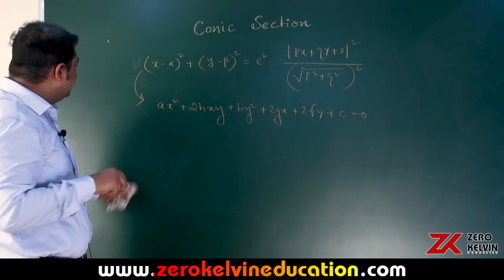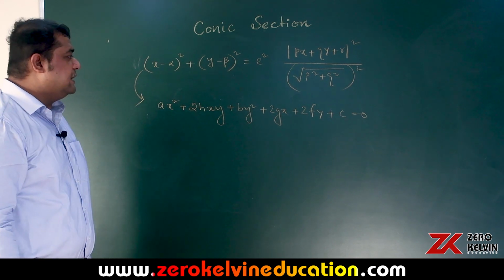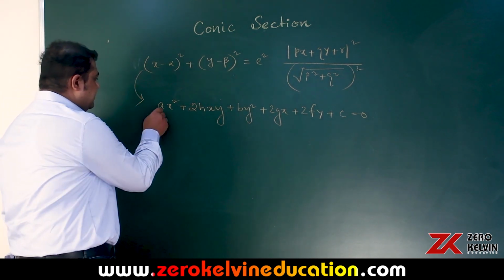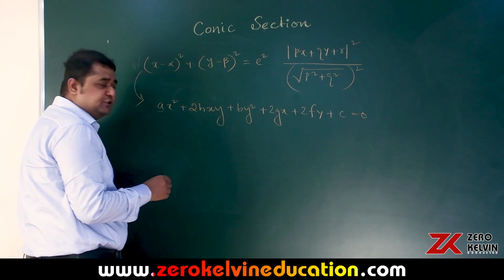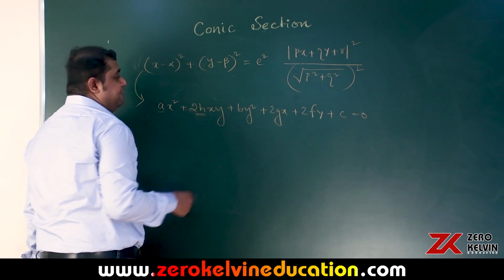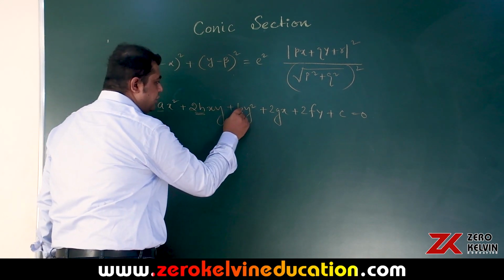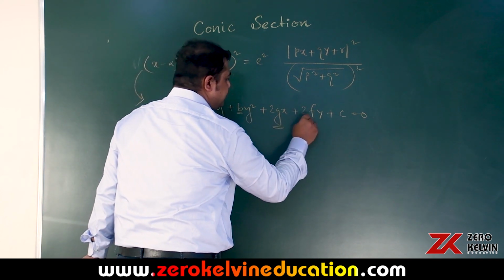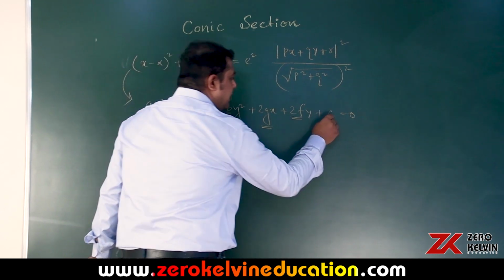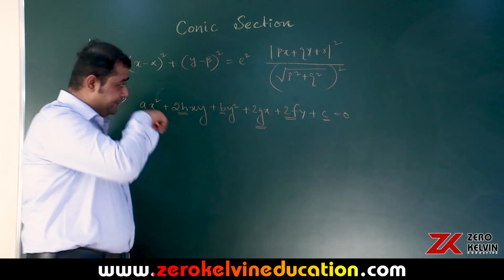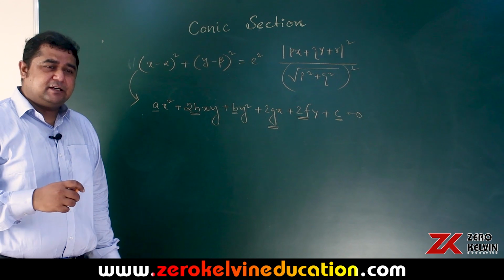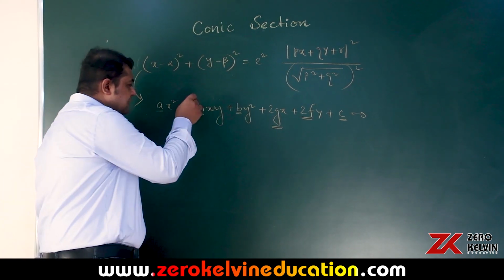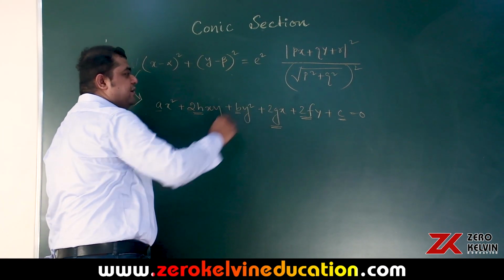You can consider that we have given coefficients in the standardized form named as a for the coefficient of x square, 2h for the coefficient of xy, b for the coefficient of y square, 2g for the coefficient of x, 2f for the coefficient of y and the constant term marked as c. Now, the first query that should come into our mind is: why 2h, 2g and 2f?